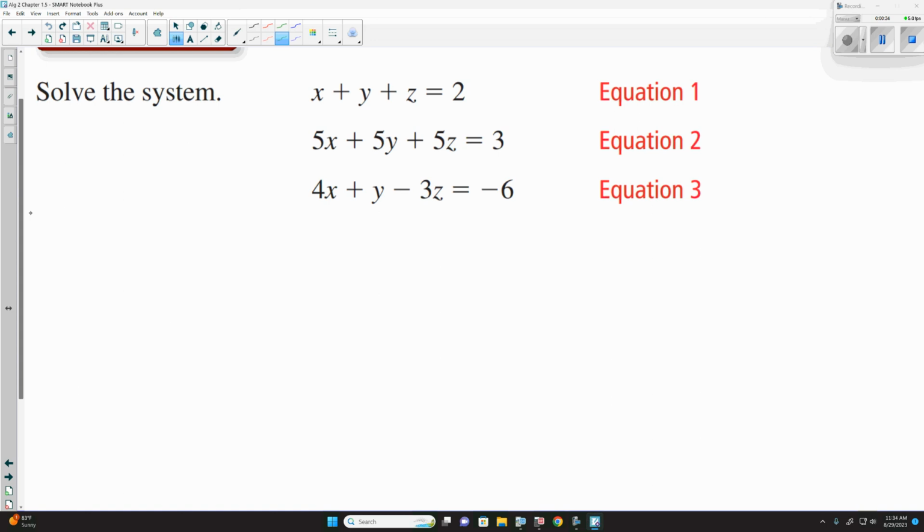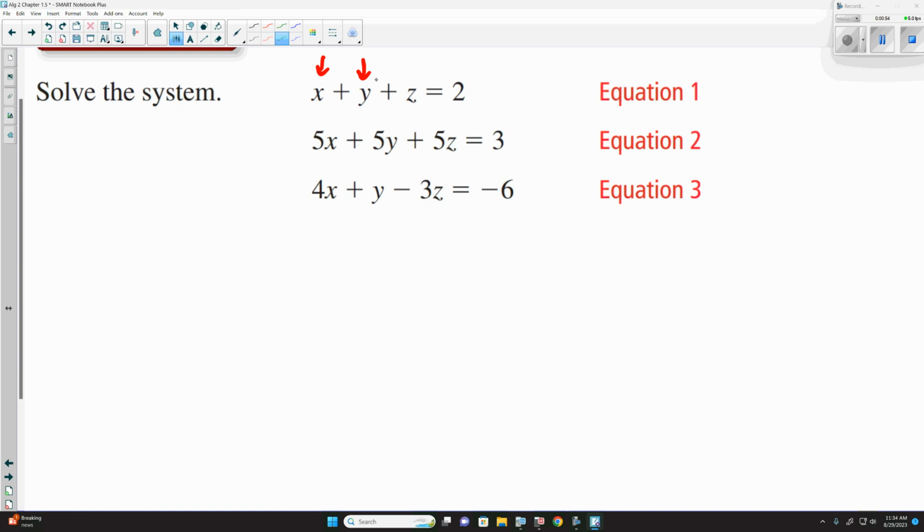Now, if we look at this one here, when we pick a variable to eliminate first, well, actually all of them will work out nicely. Because if we look at x first, well, the top one is 1x. Well, I can easily turn it into 5x by multiplying it by 5, or 4x by multiplying it by 4. If we look at y, well, we have two equations where y has 1 in front of it just by itself, so those would eliminate out already.